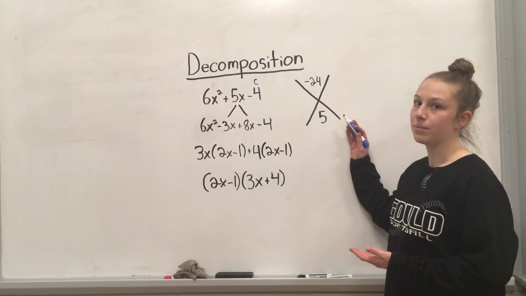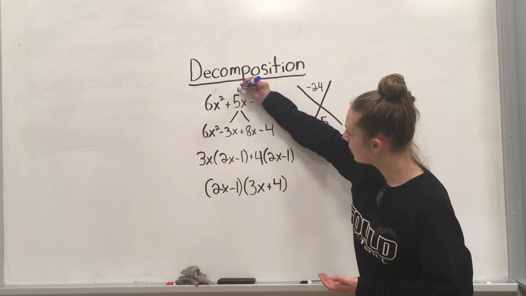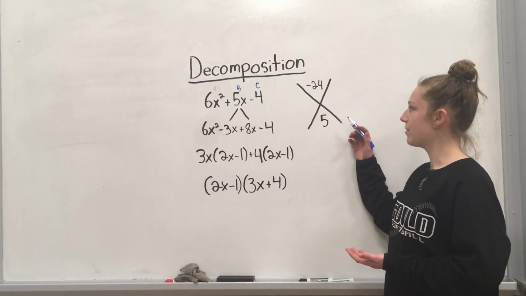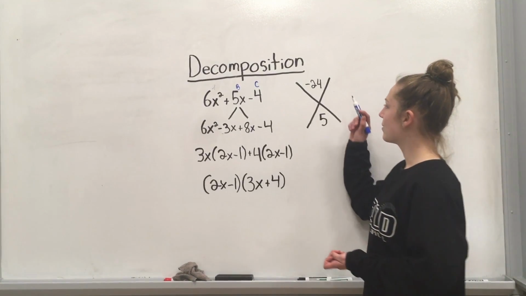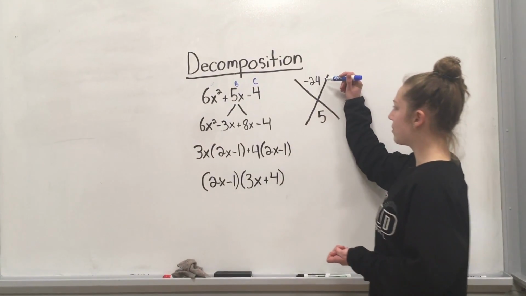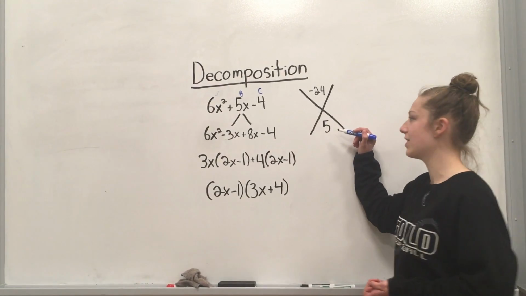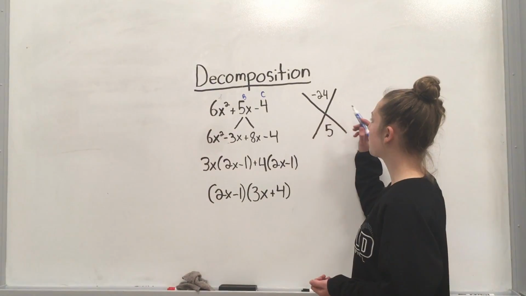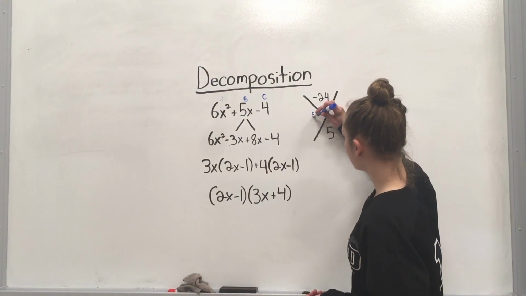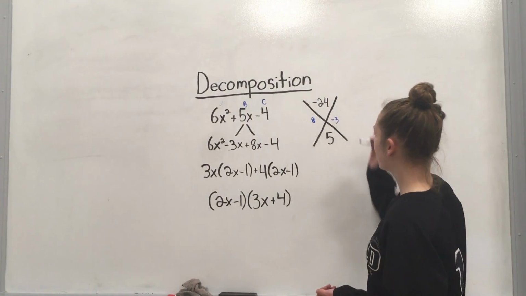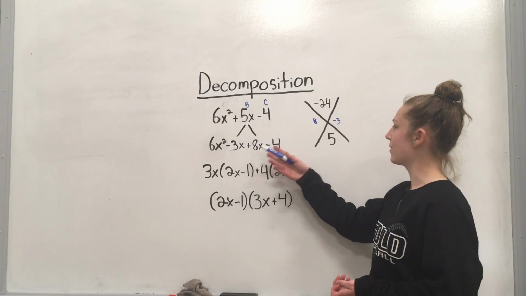And the bottom would be the b, which is this one, so that would be 5. To get these numbers, what goes into 24 with multiplication and what goes into 5 with addition. So for multiply, this would be 8 and negative 3, as you can see here.